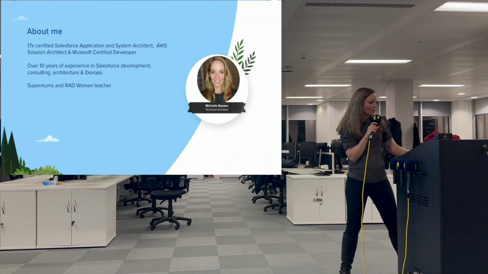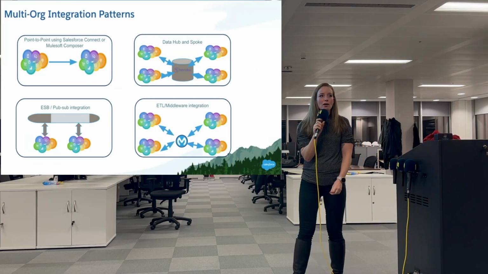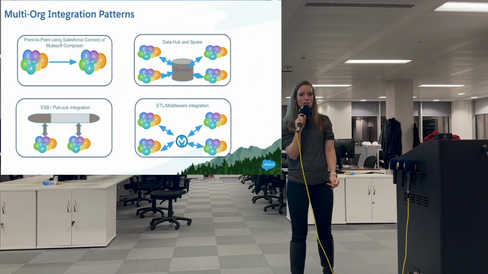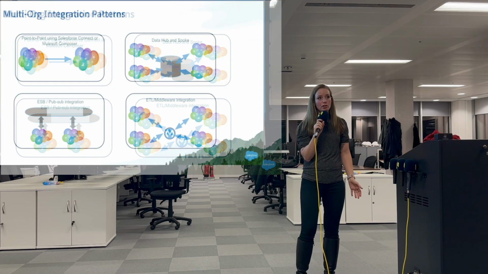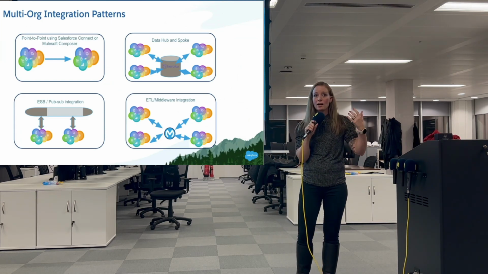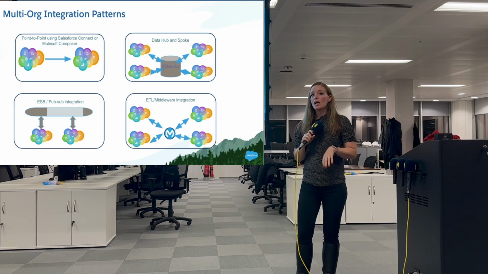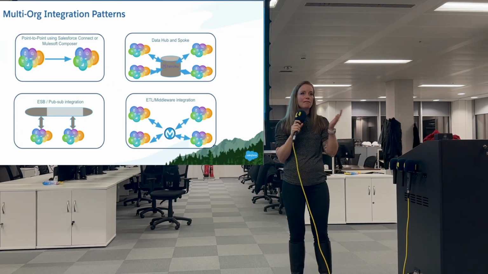Let's get started. What I'm talking to you about today is cross-org integration. This is relevant for you if you work for a company that has more than one production environment, or if you ever work somewhere where they have multiple orgs. Most of the time when there are multiple orgs, they need to have some level of integration.